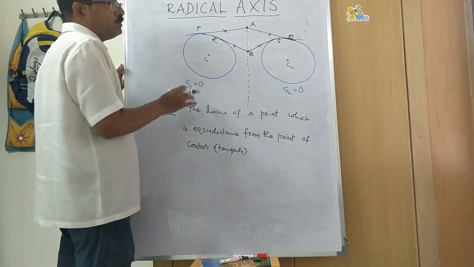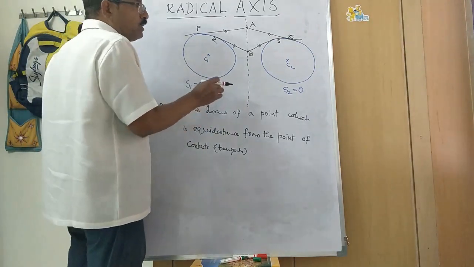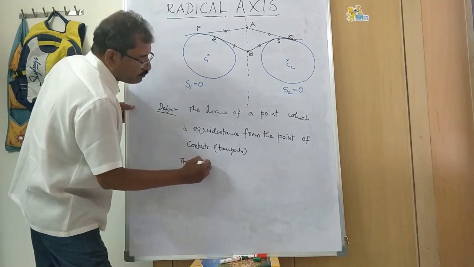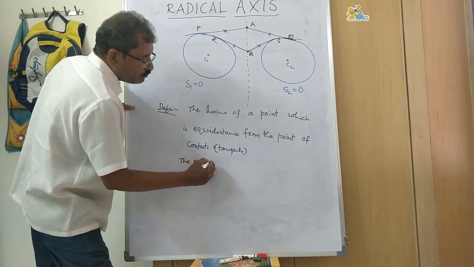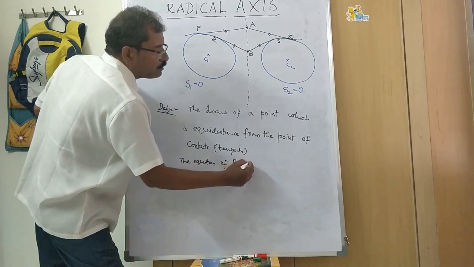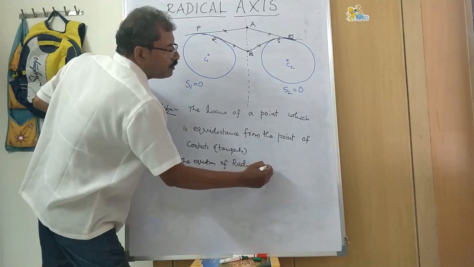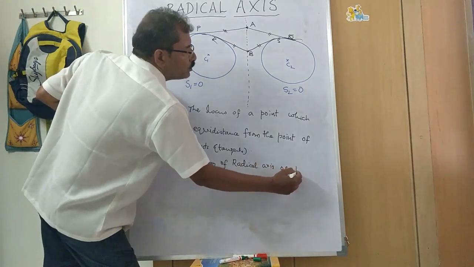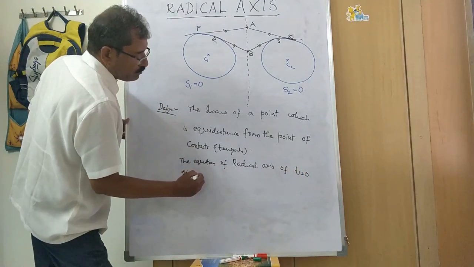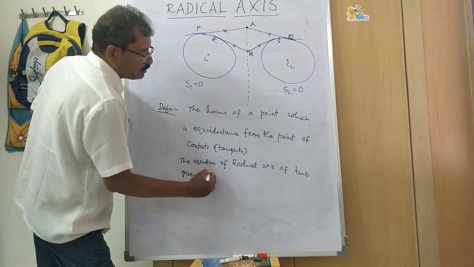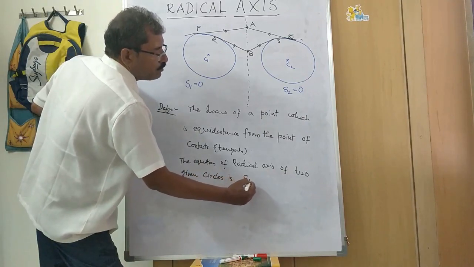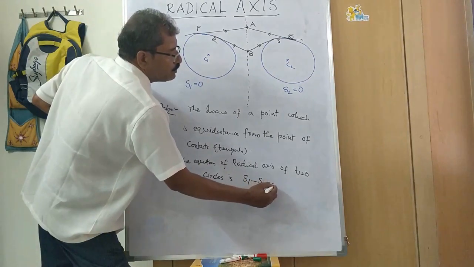How can you define this equation? The equation of the radical axis of two given circles is S1 minus S2 is equal to 0.